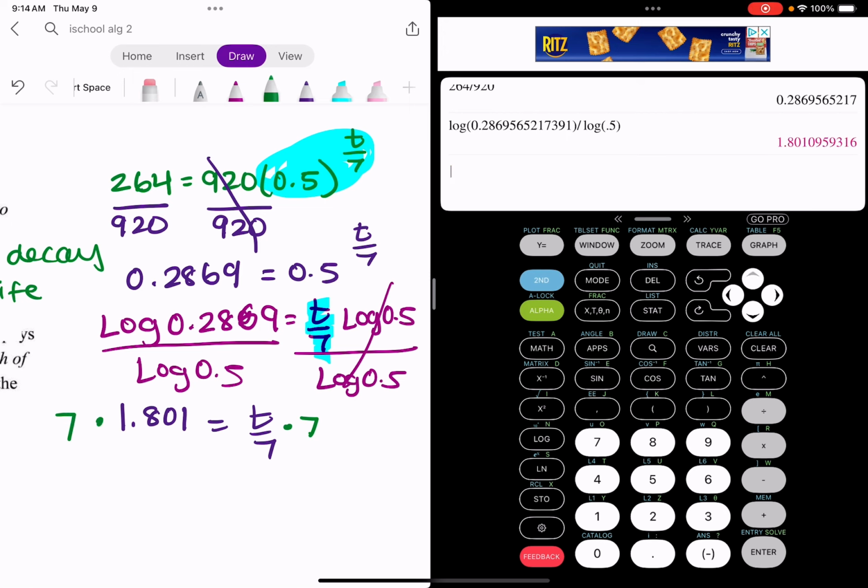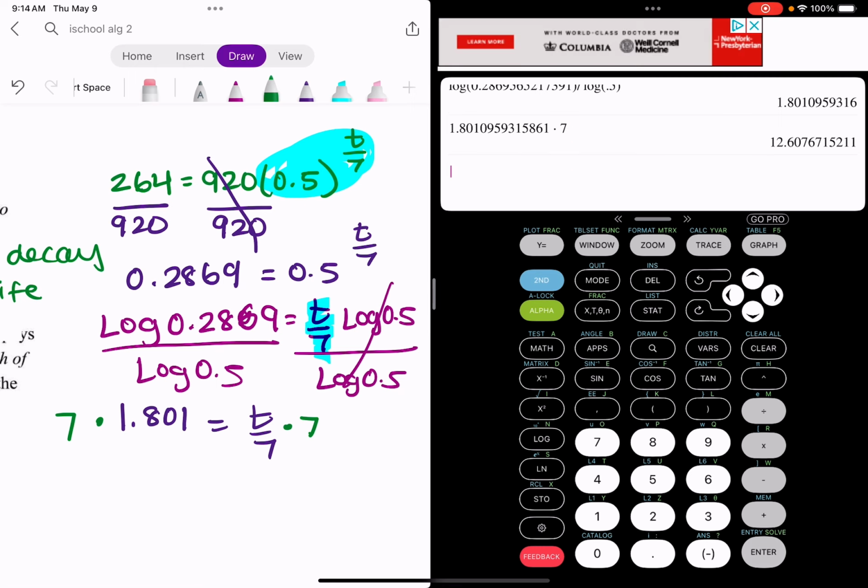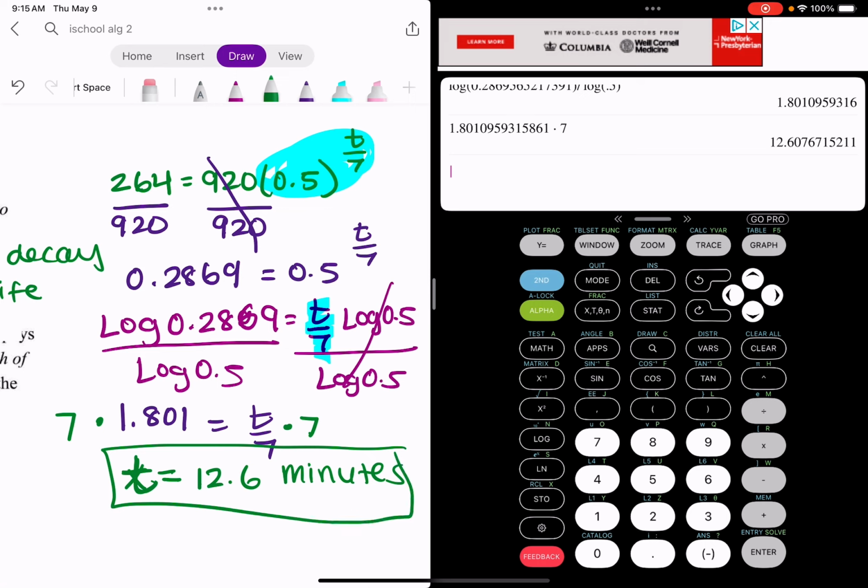So again, take your last answer, press enter, times 7. So it wants it to the nearest tenth of a minute, so I'm going to say T, sorry, not X, T equals 12.6 minutes. So it takes 12.6 minutes for it to decay to 264 grams, okay?